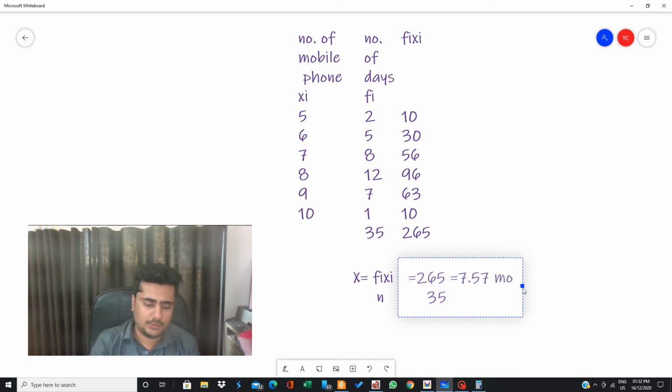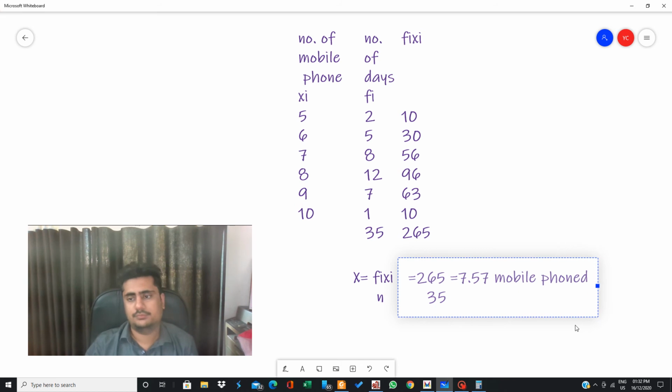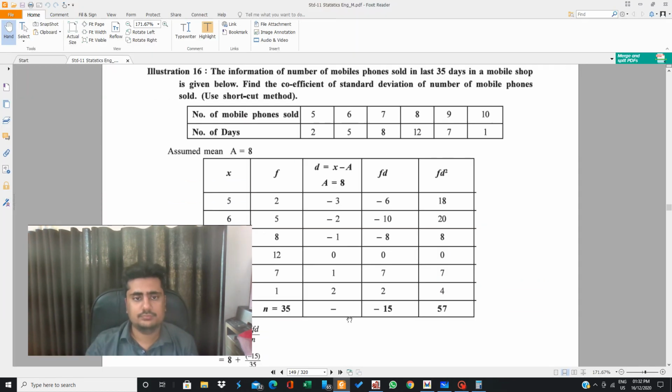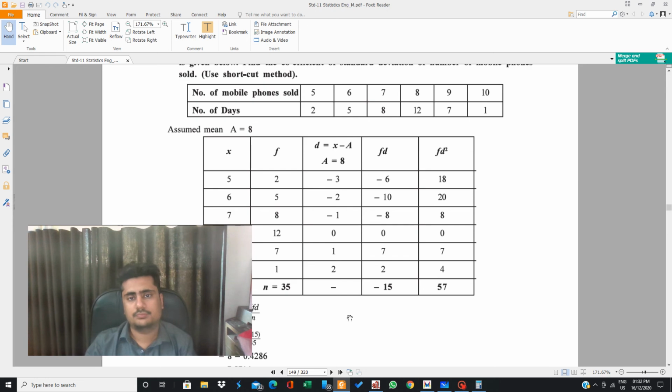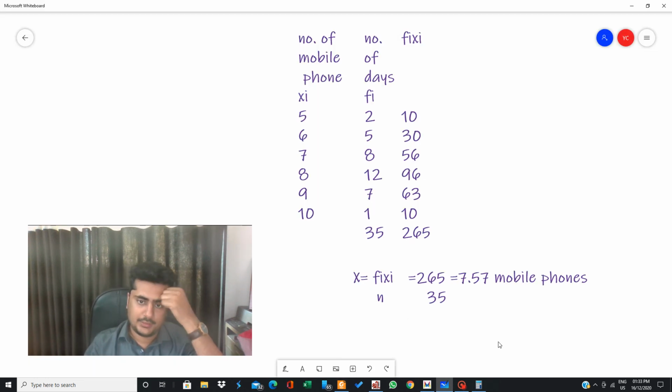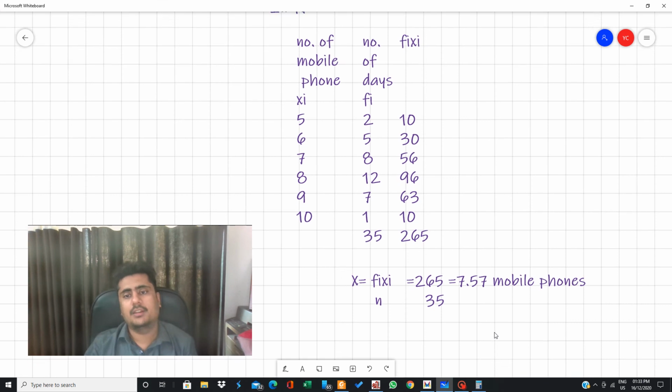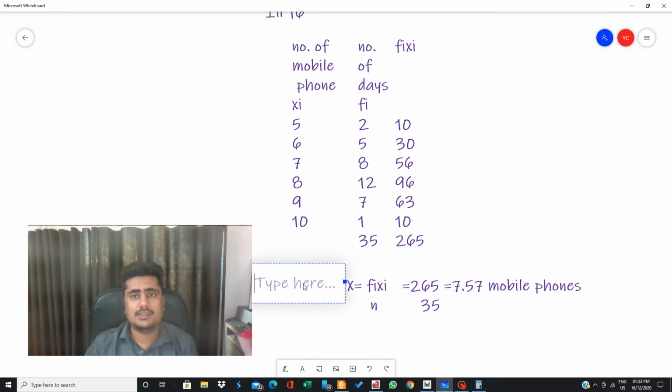This is 7.57 mobile phones, the answer. After finding this x bar, I will be finding the fi xi square. I will be using the second formula to find the standard deviation.